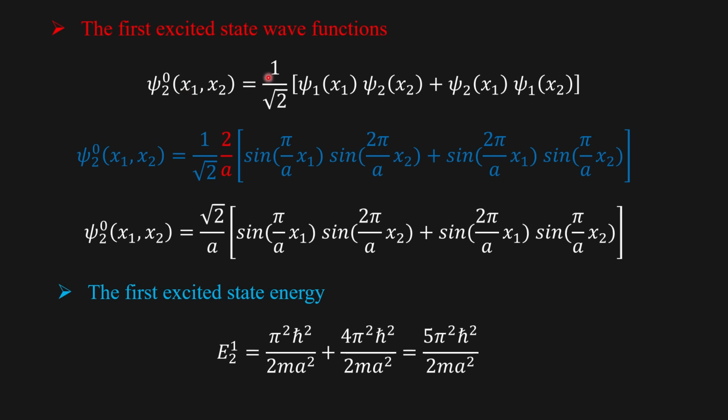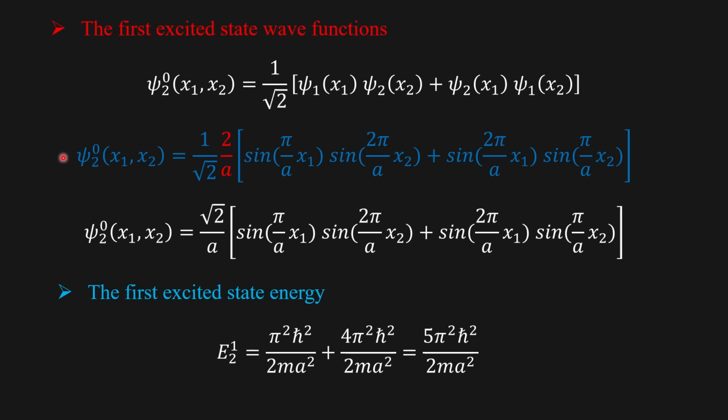It is equal to, because we are dealing with bosons, a symmetrical one, 1 over square root 2 times psi 1 x1 psi 2 x2 plus, because it's a boson, psi 2 x1 psi 1 x2. We are interchanging the positions of the particles, so x1, x2 get interchanged.